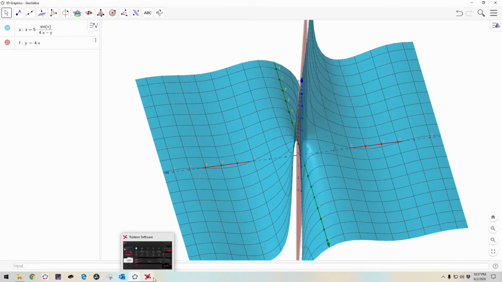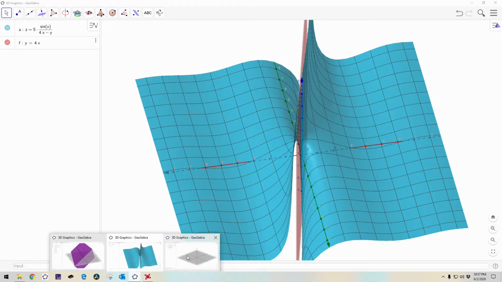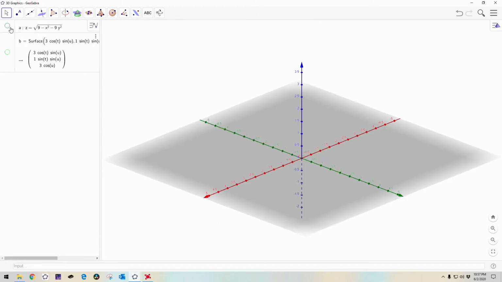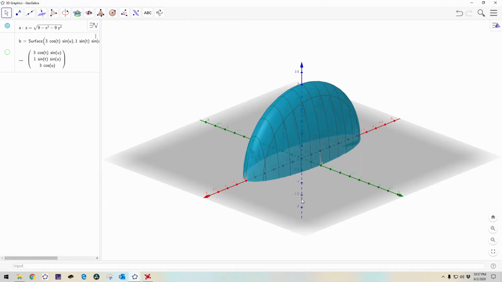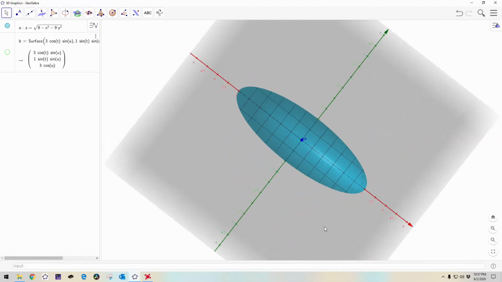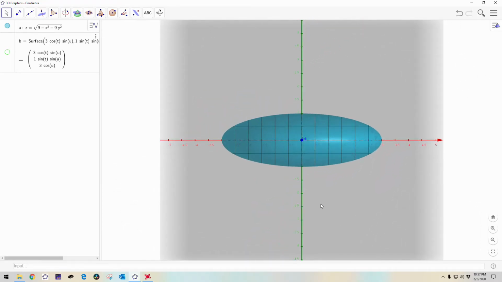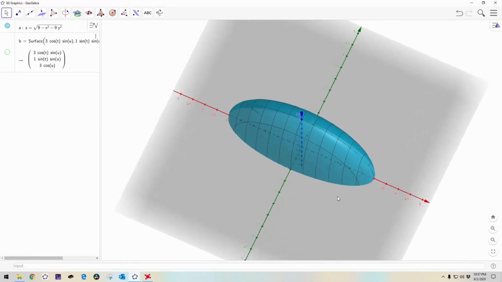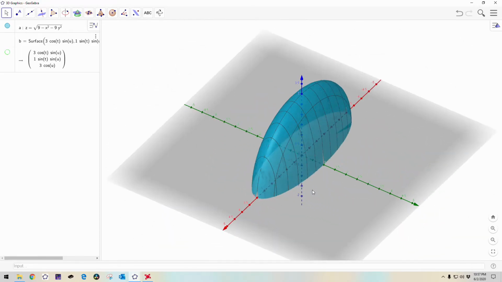All right, and then the last one that we discussed was this ellipsoid top half, right? And the domain is the ellipse as promised, where it's 3 in the x direction on either side and 1 in the y direction on either side, right? And you have this ellipsoid.